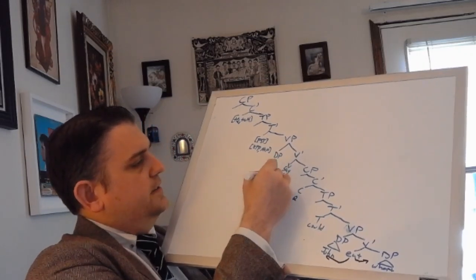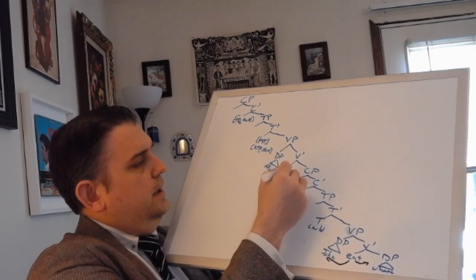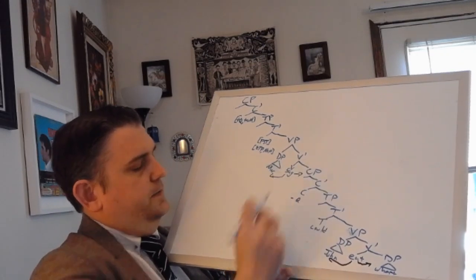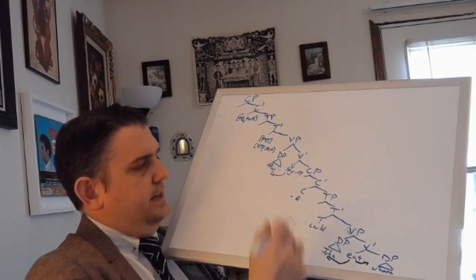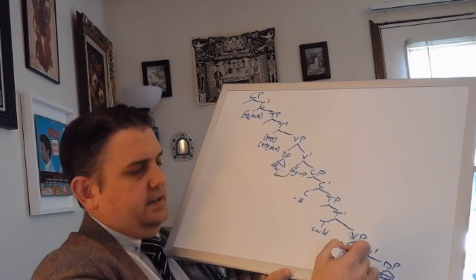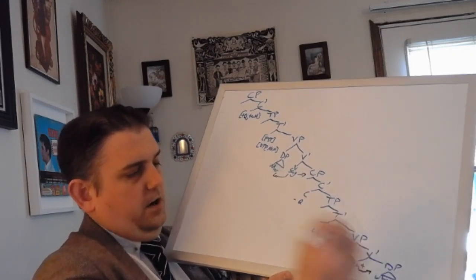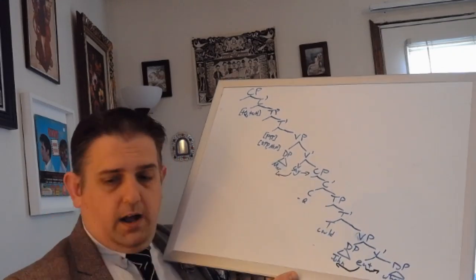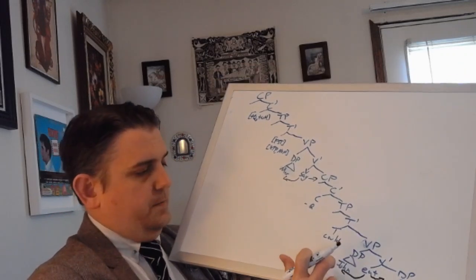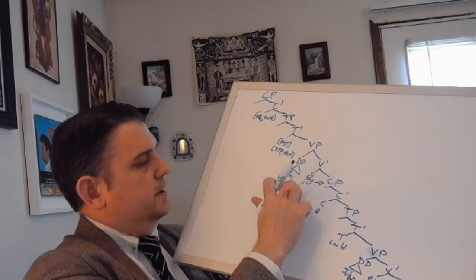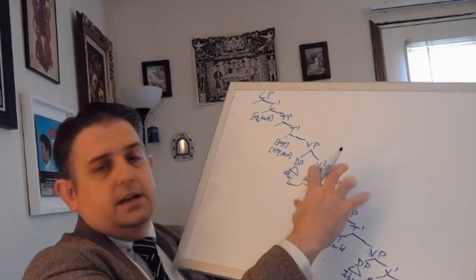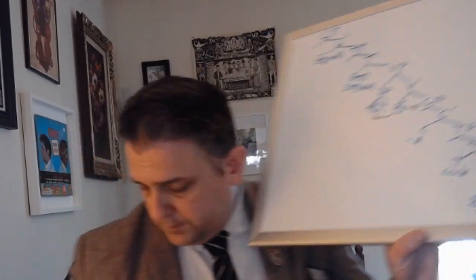Say is satisfying the theta role of Mary and the theta role of the CP. Eat is satisfying the case requirements of what, but it is not satisfying the case requirements of John, and say is not satisfying the case requirements of Mary. The CP doesn't have any case requirements.